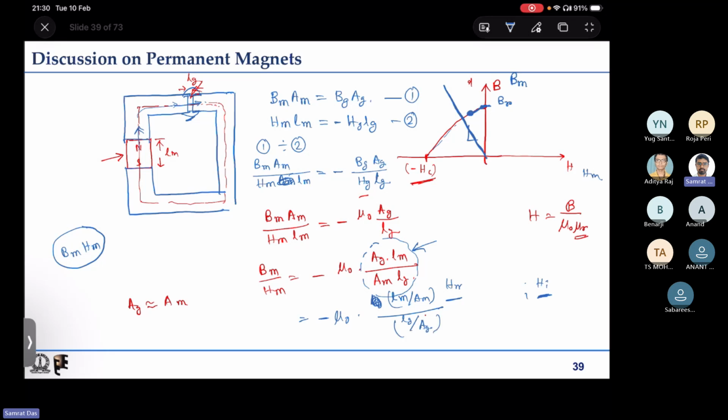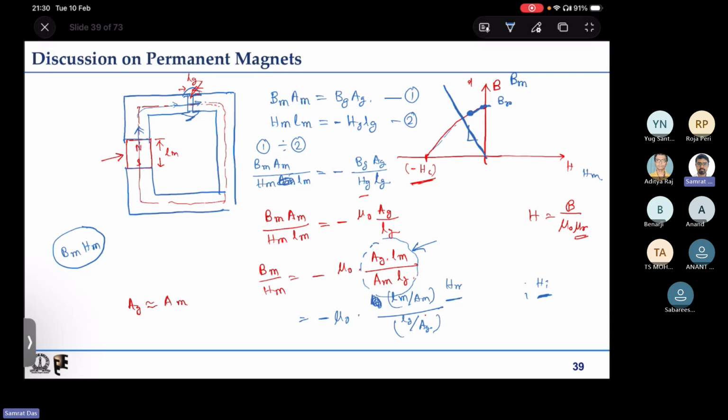Lm by Am is proportional to the reluctance of the magnet, and Lg by Ag is proportional to the reluctance offered in the air gap path. So this ratio decides what the slope of this line will be.